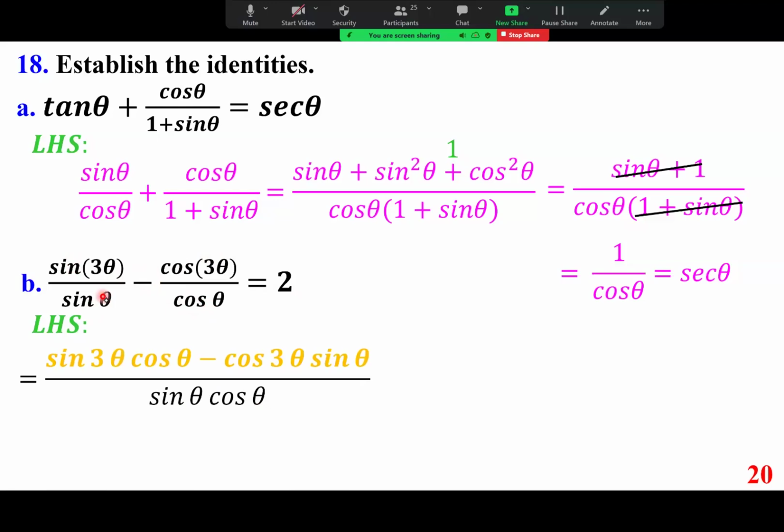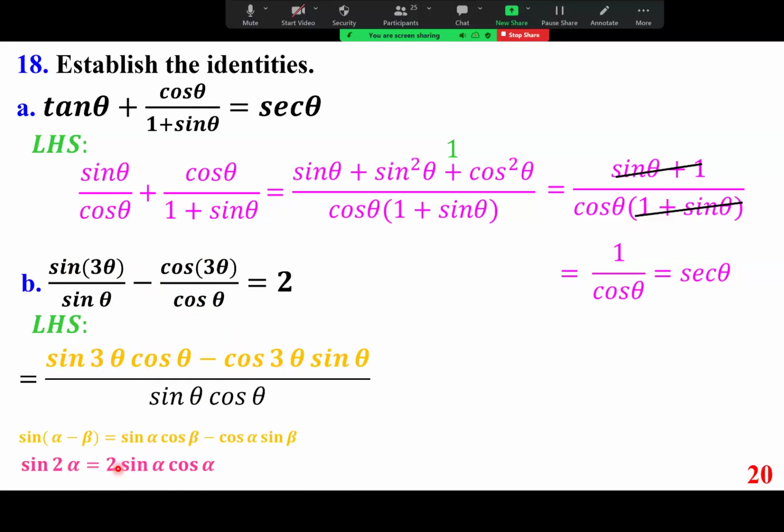So think about this. Sine of alpha cosine beta minus cosine alpha sine beta, that is sine of alpha minus beta. So this one, everybody, is sine of 3 theta minus theta.